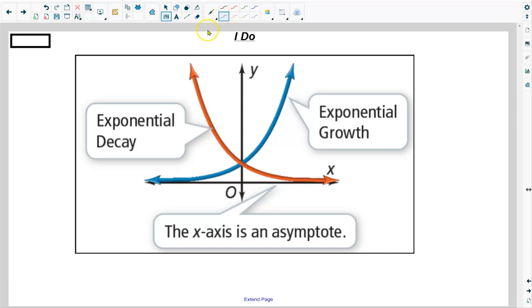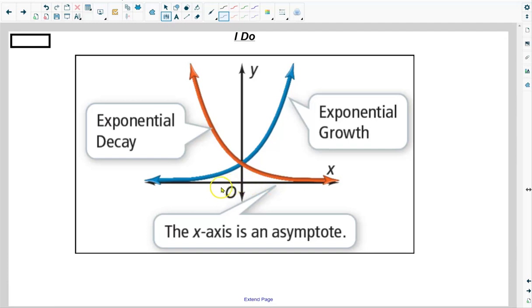Okay, and basically the whole purpose, at least here, is to know what an exponential function looks like, right? It's got kind of this curve where something just all of a sudden grows exponentially, or something can just decay exponentially. The other thing is, because we are talking attributes, the fact that there's an asymptote.